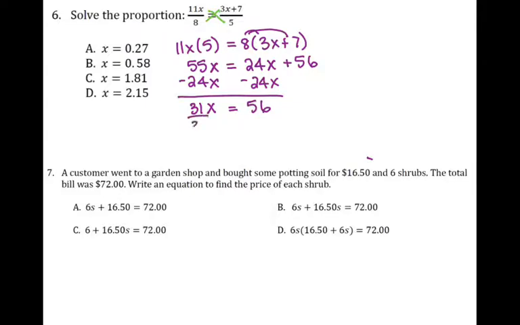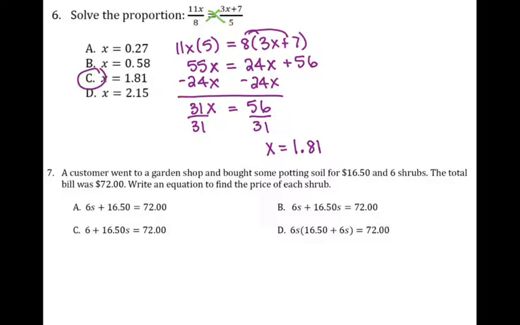I'm going to divide both sides by 31. Use a calculator for this one, since 31 does not go into 56 nicely. So I'm going to plug that into my calculator and round to a couple decimal places, and that gives me 1.81, which is letter C.